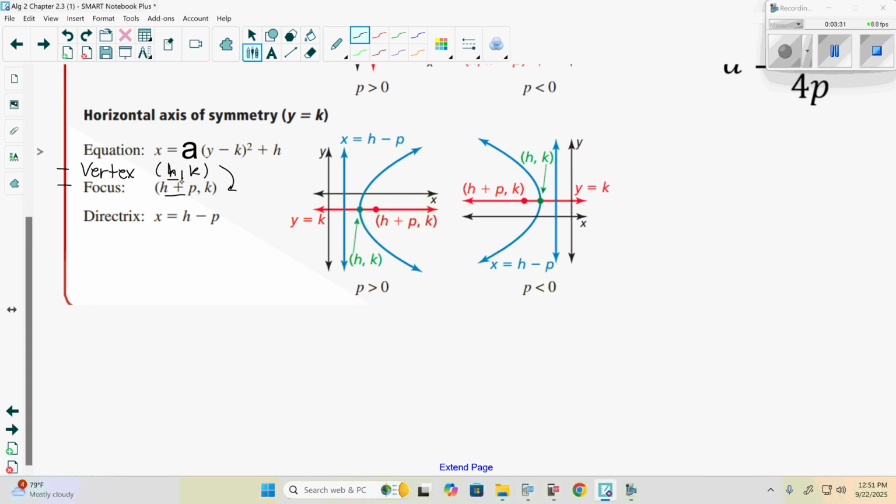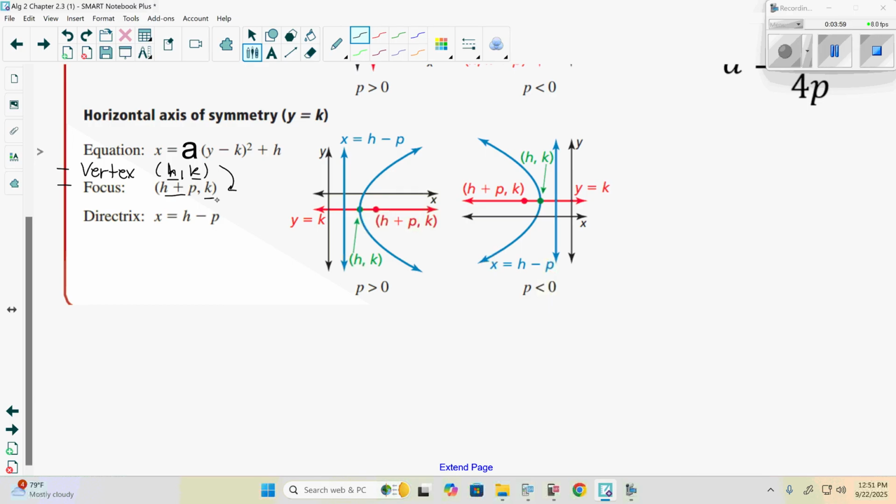We're adding something to it. It could go up, it could go down, but the number that we have at the vertex is not going to be the same number as the focus because we're adding something to it. The vertex's y value is k, and the focus's y value is also k. It's not changing. So from vertex to focus, one of the two values, either the x value or the y value, is going to change.